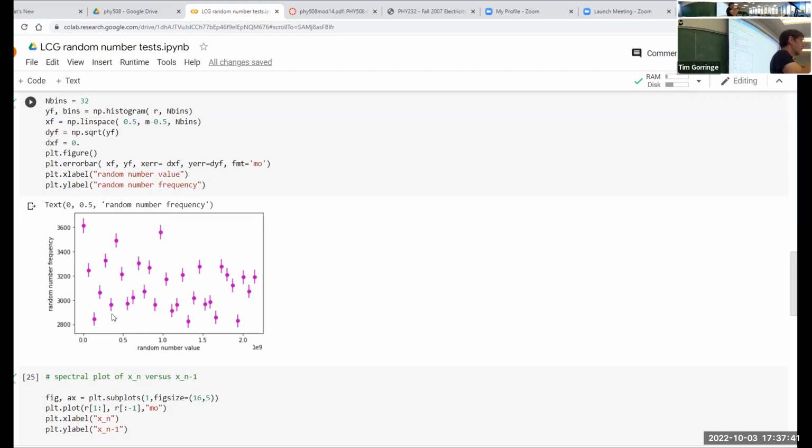I wouldn't even have any statistical fluctuations on it. So that would show up in a chi-square test of being too small a chi-square.